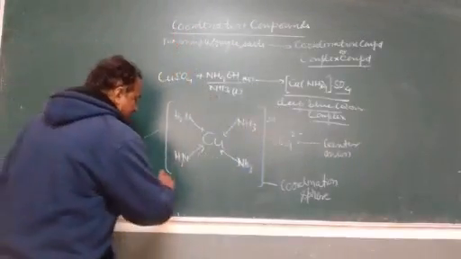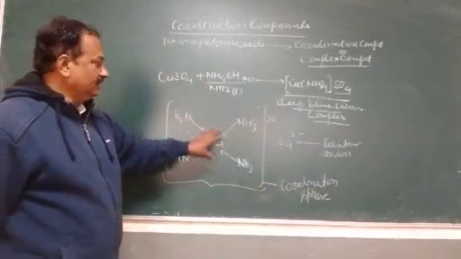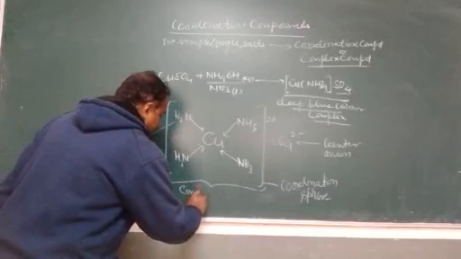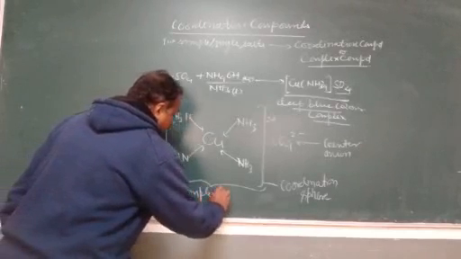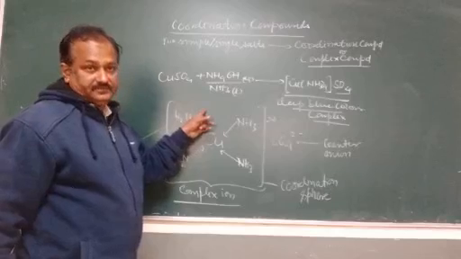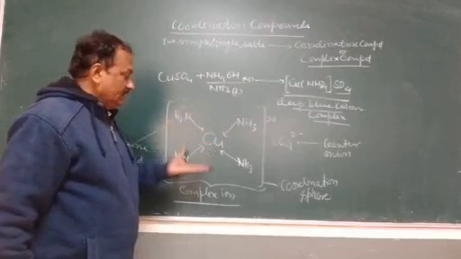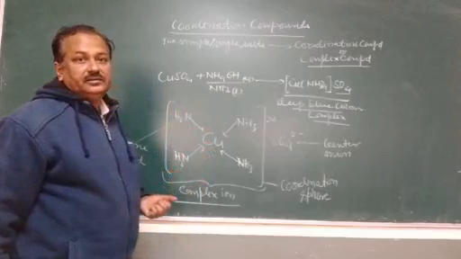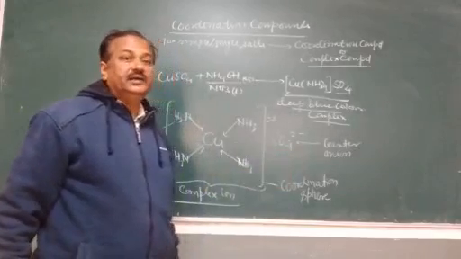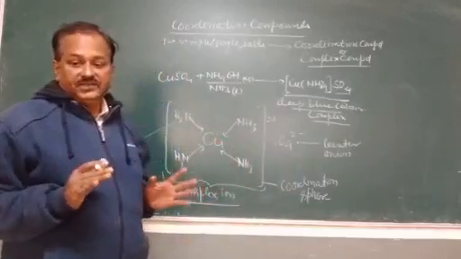The central metal and the ligands together are called the complex, or complex ion. So here it is a complex cation. The complex can be anionic or cationic. Similarly, the counter ion can be anionic or cationic. So both ways are possible.